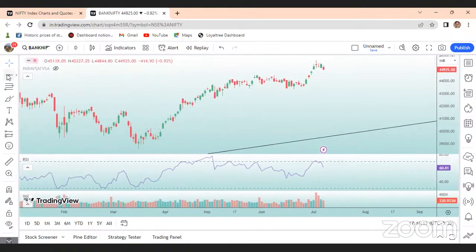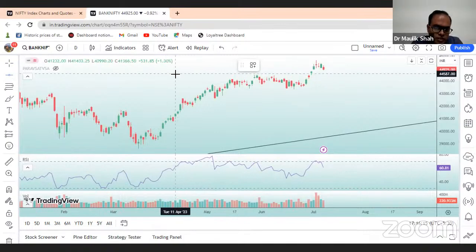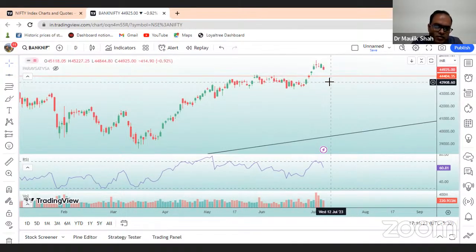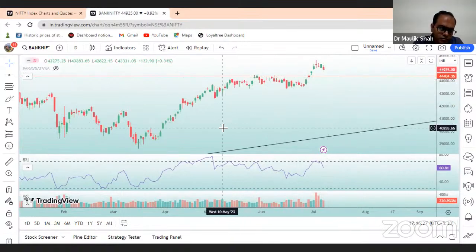So here, if we see, the price was really consolidating at this level. This was acting as a resistance, right? Maybe at this level it might become a good support, probably, right?